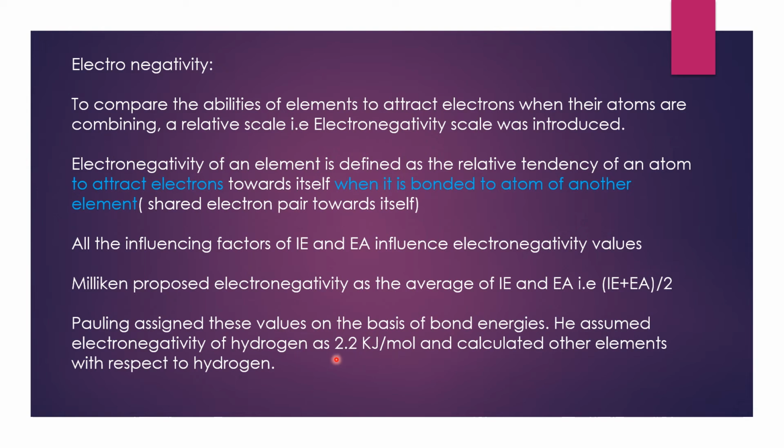Remember that Millikan proposed the electronegativity value as the average of ionization energy and electron affinity, and Linus Pauling gave the values of electronegativity of other elements with respect to hydrogen.